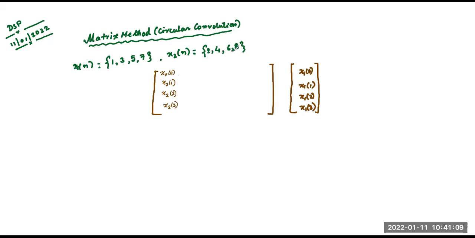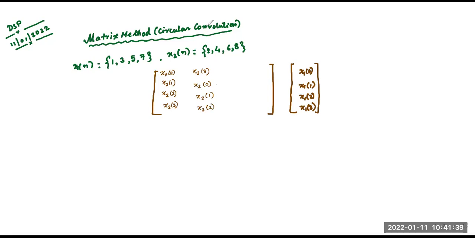So four bits are there. Now there is an arrangement pattern. The pattern will be like this: it will be x23, x20, x21, and this will be x22.